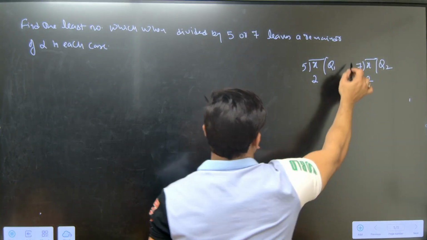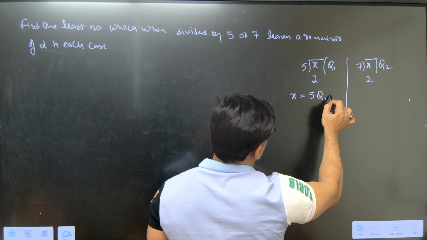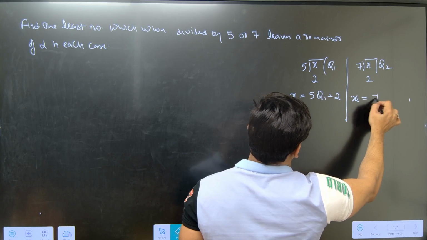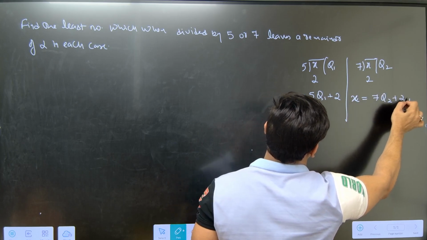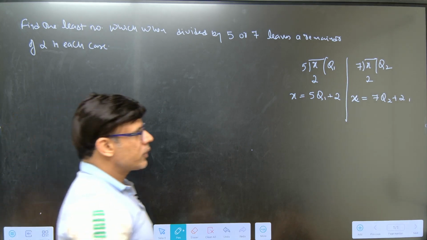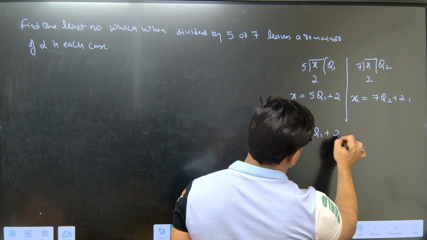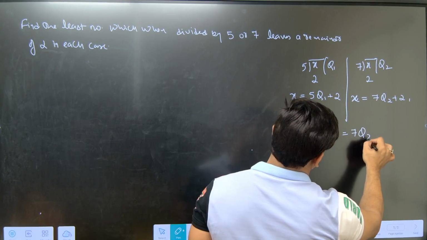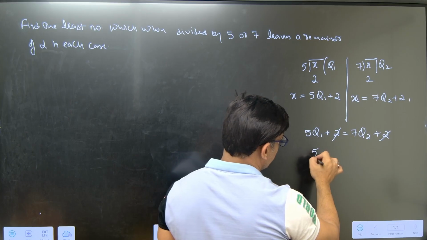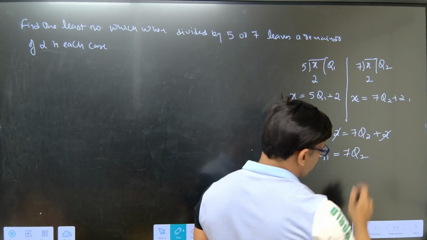So in the first case your number is 5 times q1 plus 2, and in the second case x is 7 times q2 plus 2, but both x are the same. So I can equate them: 5 times q1 plus 2 equals 7 times q2 plus 2. The 2s on both sides get cancelled, and we get 5 times q1 equals 7 times q2.